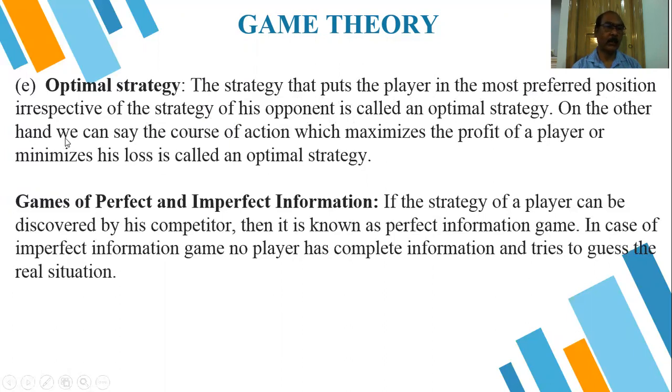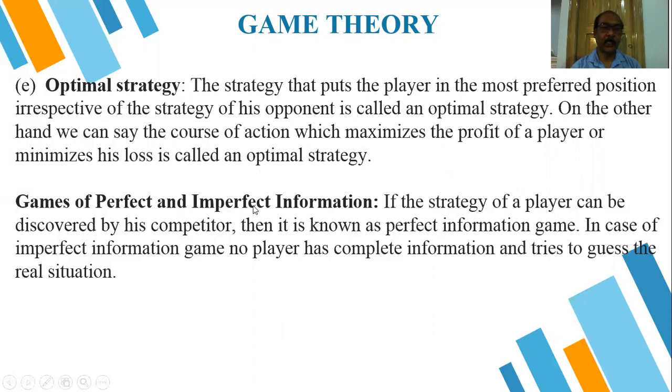On the other hand, we can say the course of action which maximizes the profit of one player and minimizes the loss of the other is called the optimal strategy. So by selecting those strategies, the maximizing player maximizes his gain and the minimizing player minimizes his loss. That is our optimal strategy.